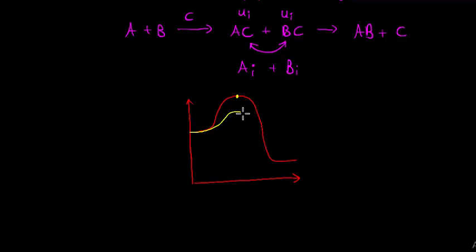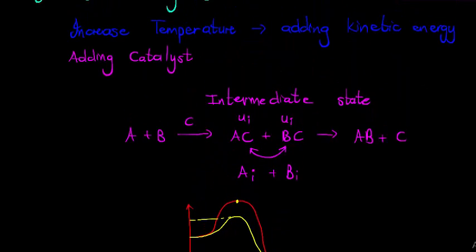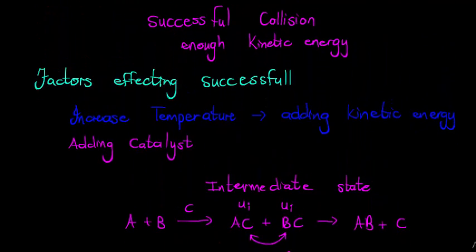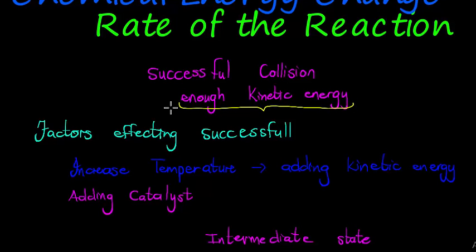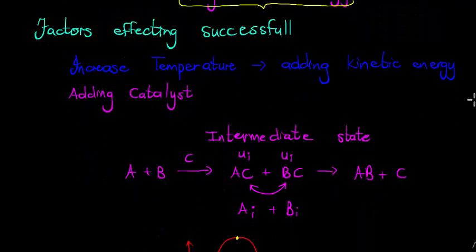A catalyst reduces the height of the activated complex, which means less energy needs to be added, and because I need less energy, more of the molecules will have enough kinetic energy in order to produce these intermediate processes.